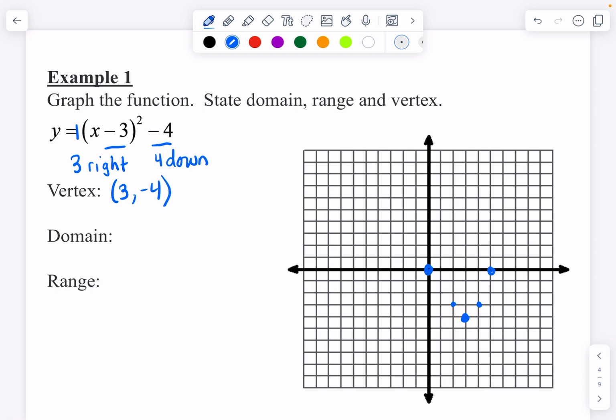And be careful you're counting correctly. It took me a little minute to get that point down because I was counting over 4 and I knew I was doing something wrong. And remember, your graph has a little bit of a curve to it. Try to go through those points ideally. I'm writing on an iPad, so it's a little bit more challenging for me. Your domain is always all real numbers.